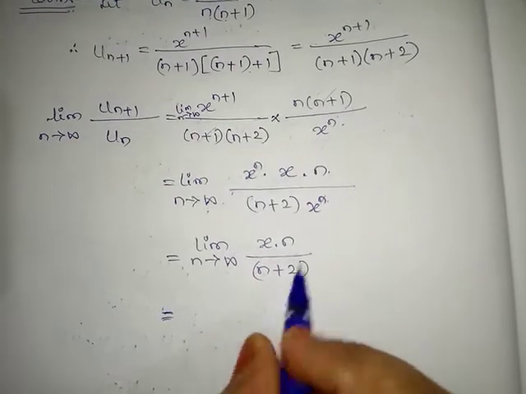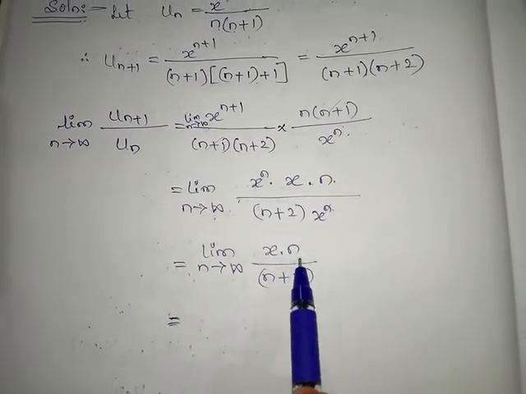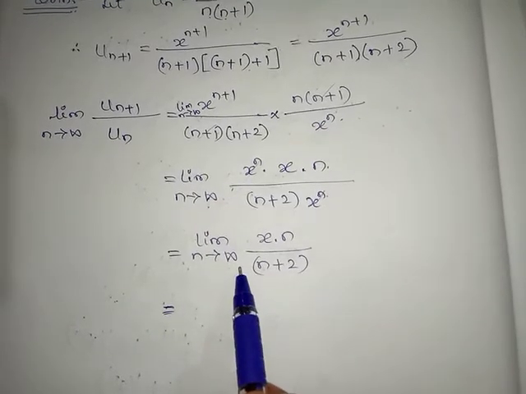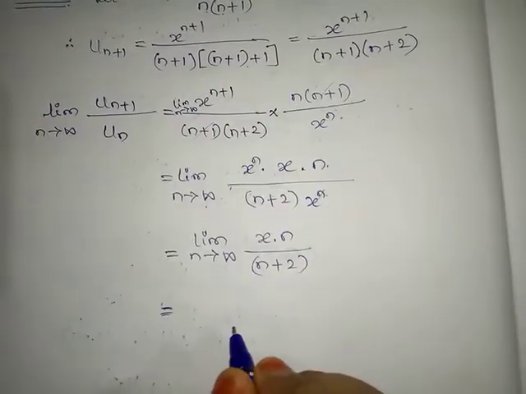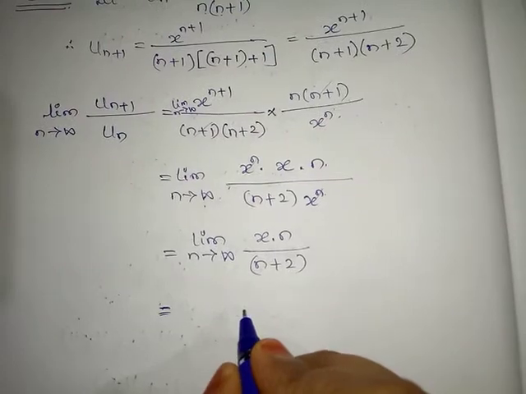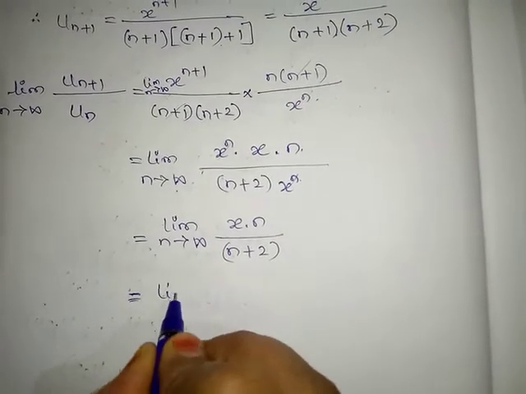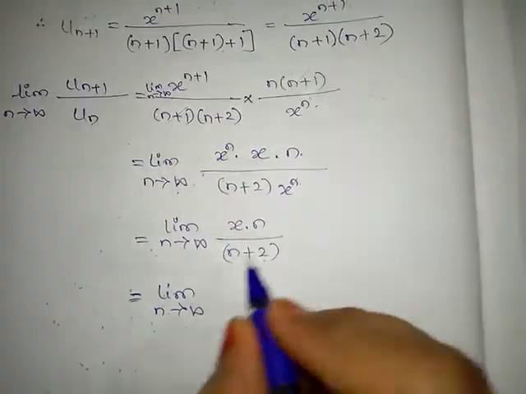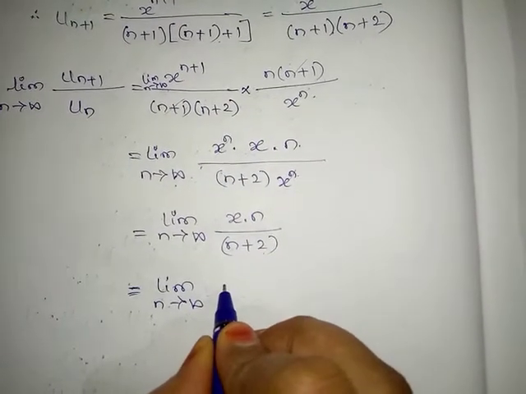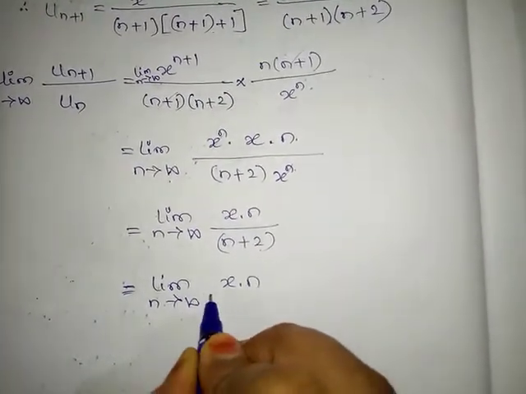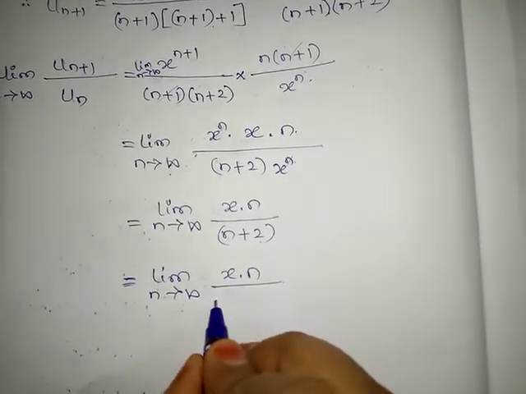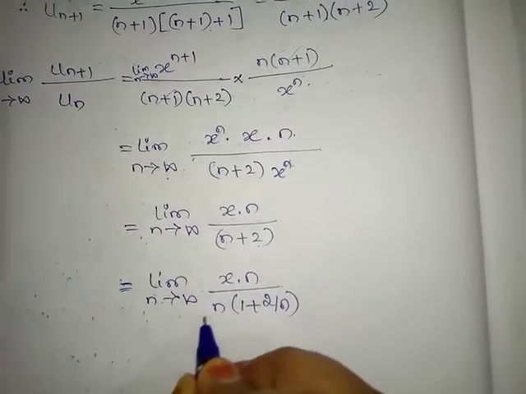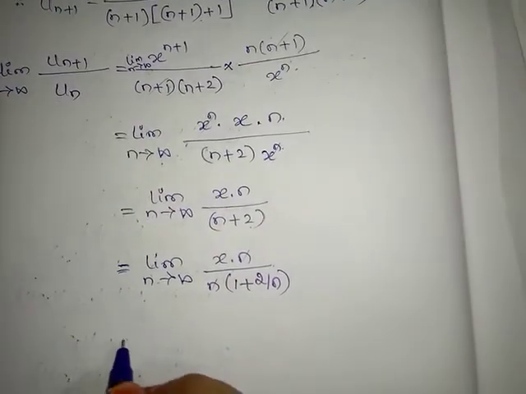Then here also we get an infinite value when we apply the limiting value as n tends to infinity, so that we will consider this limit n tends to infinity xn divided by n plus 2 as limit n tends to infinity x into n divided by, here I will take n as common, 1 plus 2 divided by n. Then this n cancels with this one.